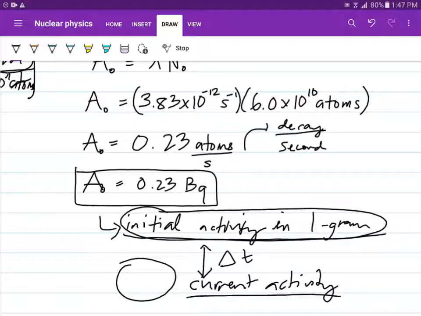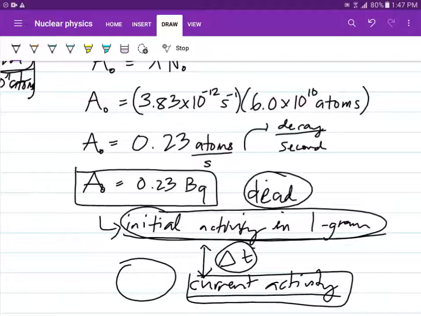When a living being is dead, it will not take in more carbon and its carbon 14 will decay. After a certain period of time, we can measure that its current activity will be lower, and we can calculate the amount of time in between them. So that is carbon dating.